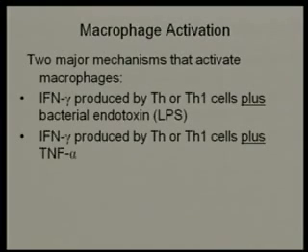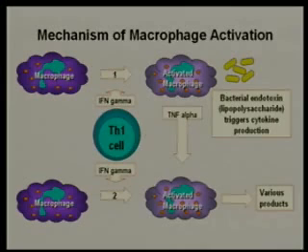The other way is, again, interferon gamma production, in combination with seeing TNF alpha. So again, what we can see from here is that interferon gamma plays a very critical role in the stimulation of macrophage.